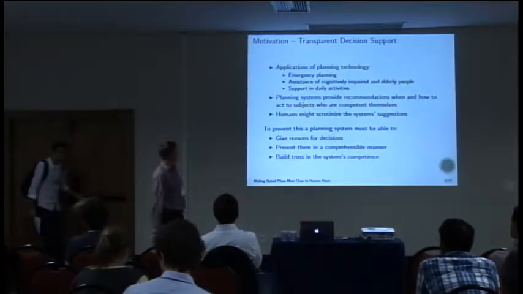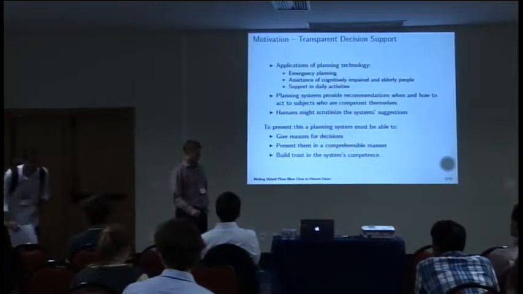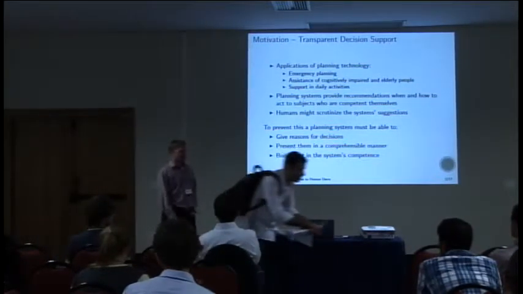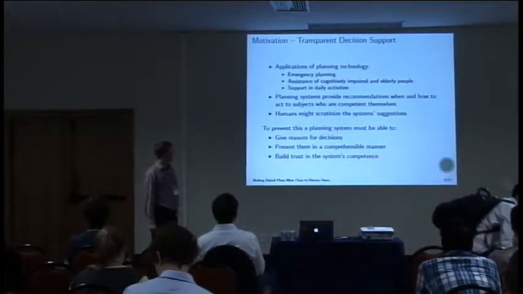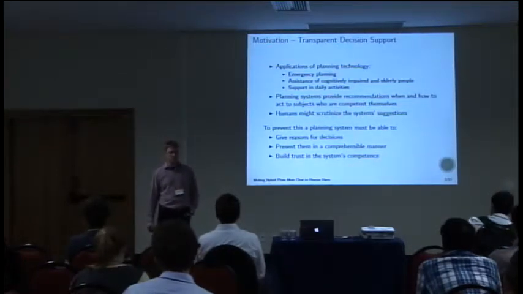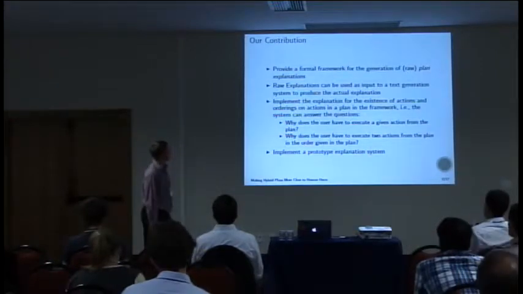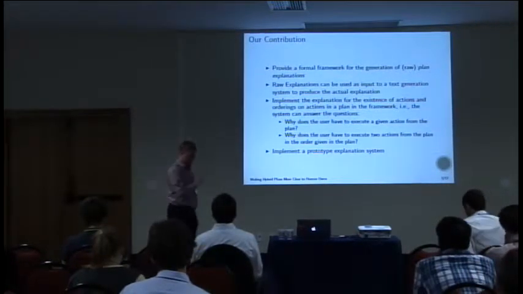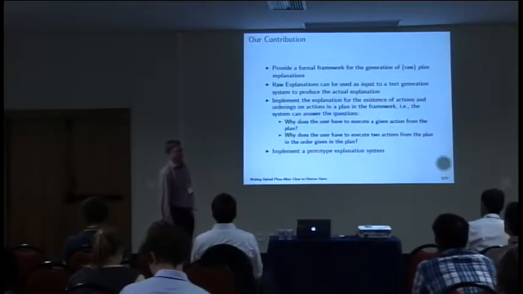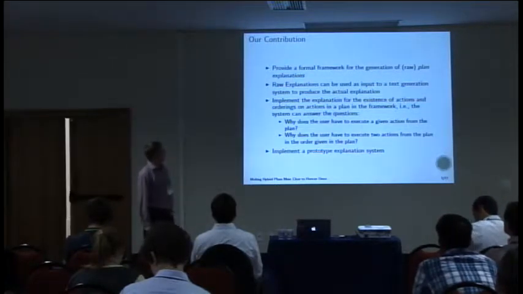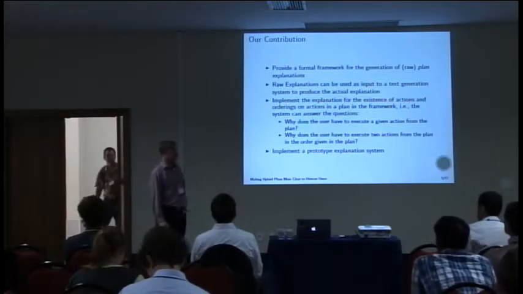So in our opinion, a planning system must have the ability to give reasons for the decisions it made and present them in a comprehensible manner to thereby build trust in the system's competence. Our contribution in this work is the specification of a framework for the generation of what we call raw plan explanations.